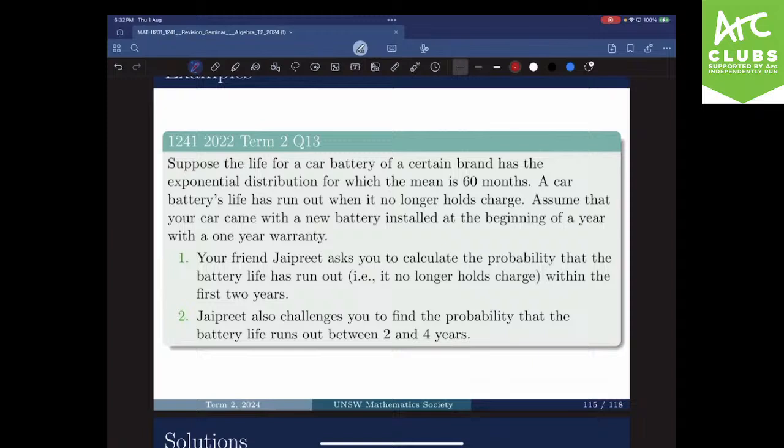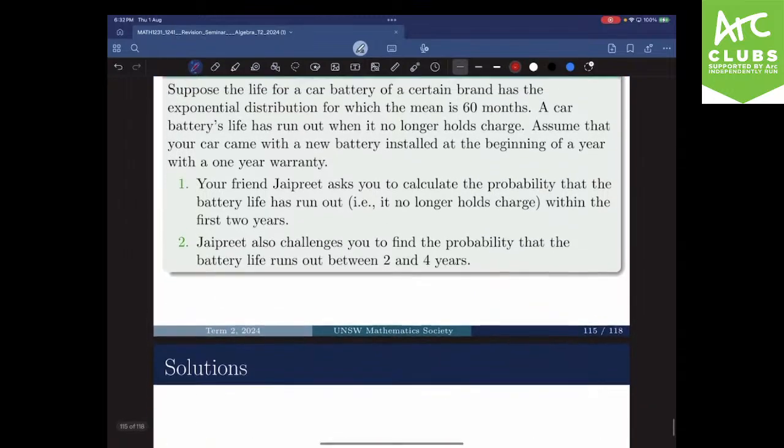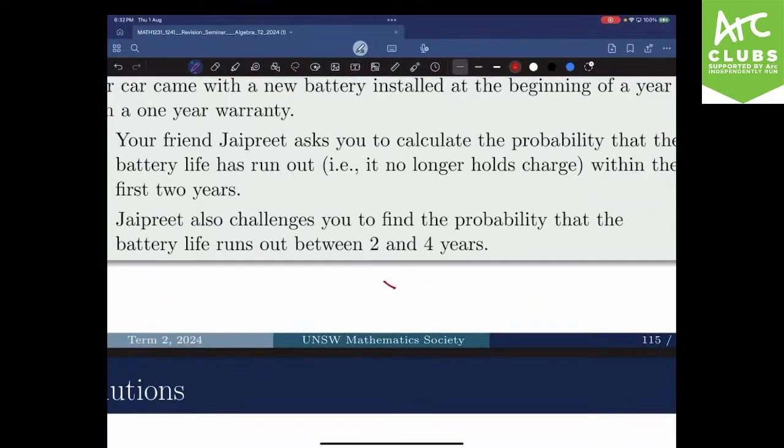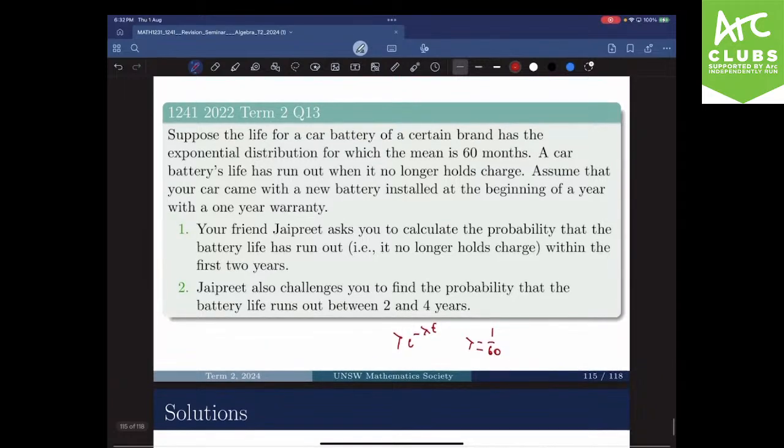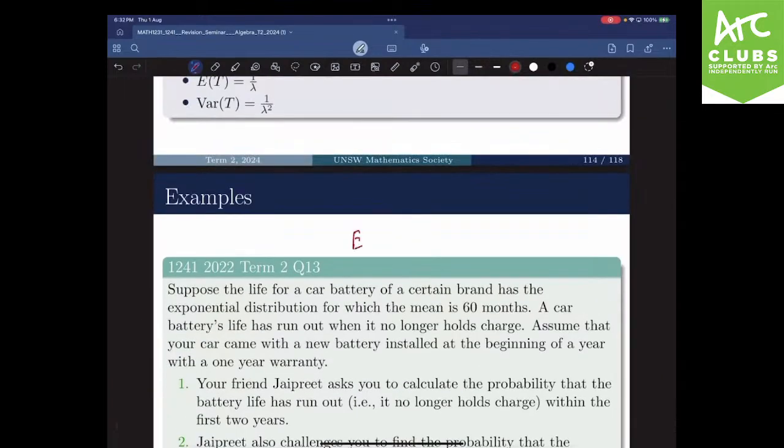Remember, the probability of running out follows an exponential function, lambda e to the negative lambda t. In this case, my lambda would be equal to 1 over 60, because my expected value E of X, which is 1 over lambda, is equal to 60.